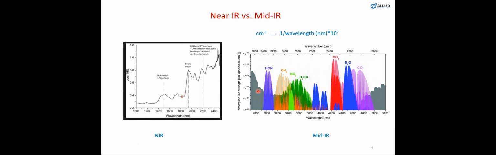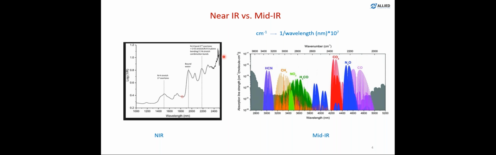Just to show the difference between the two sets of spectra, you can see the mid-IR spectra here, the P and R bands for each molecule, N2O, CO2, and other molecules. They're very intense and very distinct.